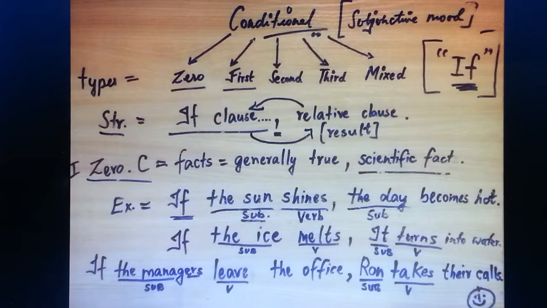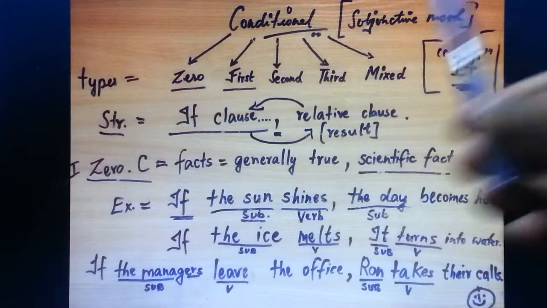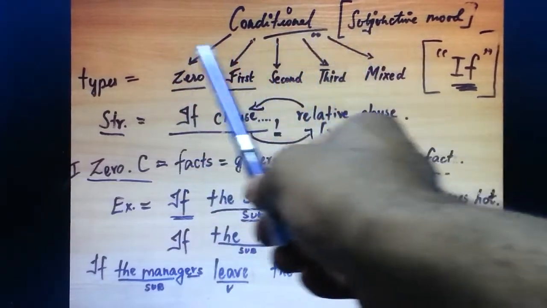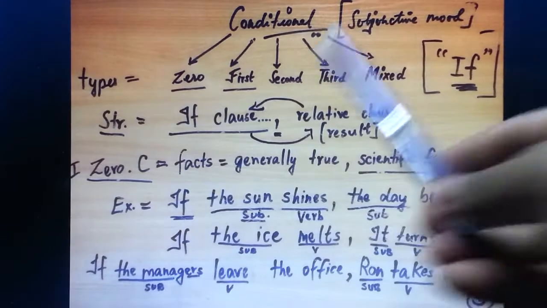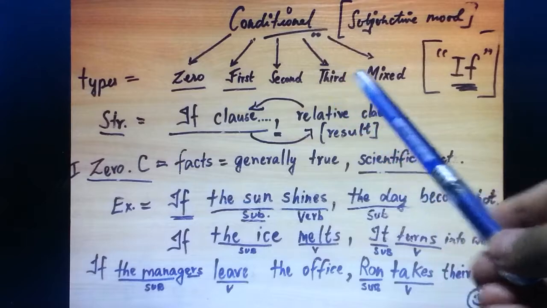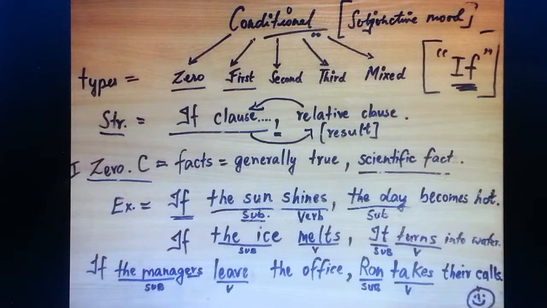Let's go further. So, we have 5 different types of conditional. We have the zero conditional, first conditional, second conditional, third conditional, and last but not the least, mixed conditional.